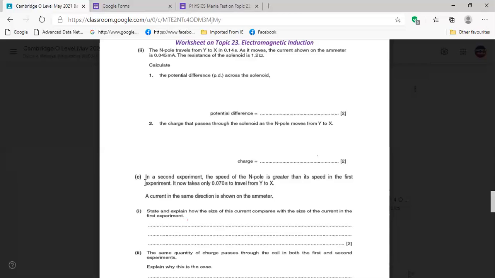So we will say that the size of the current will be more because the speed of the movement of the magnet is increased.